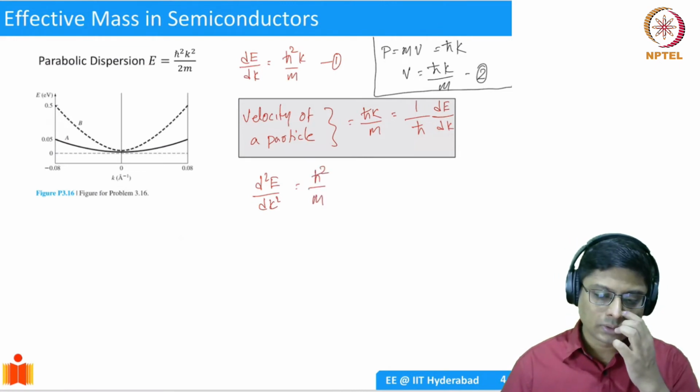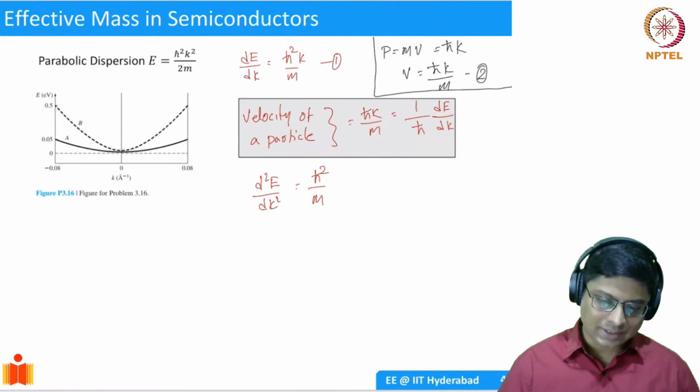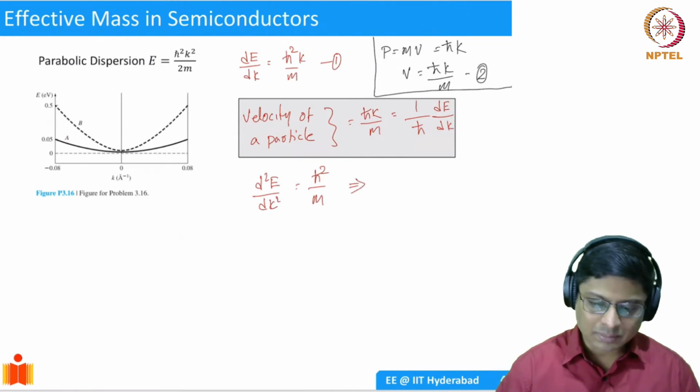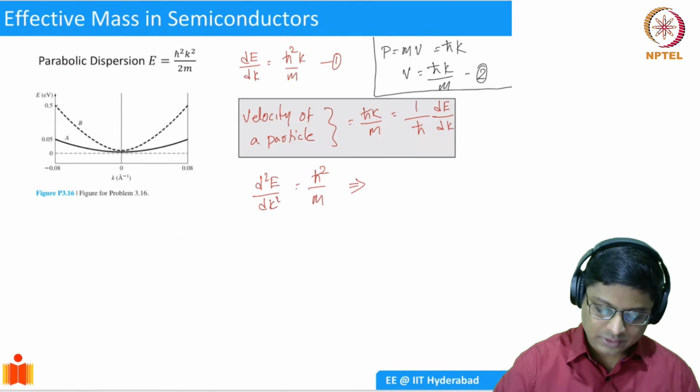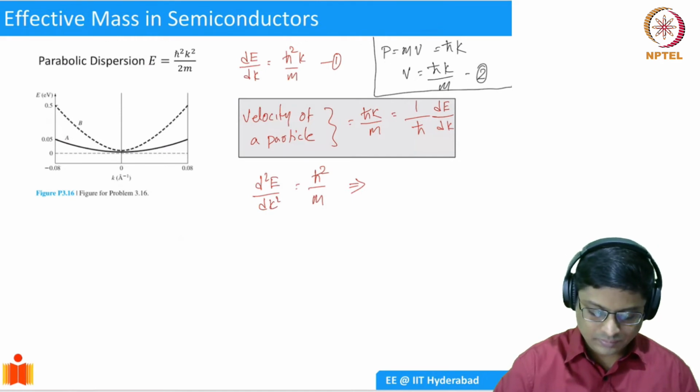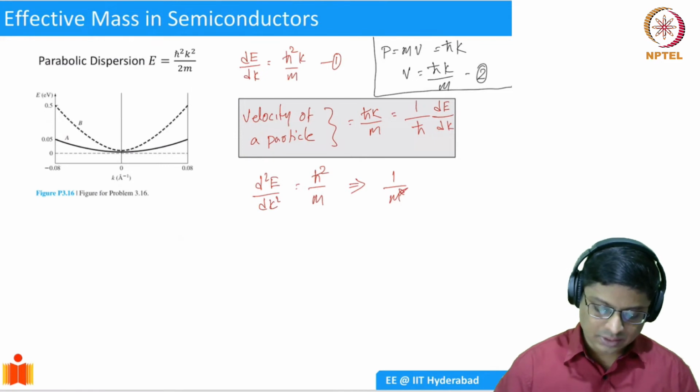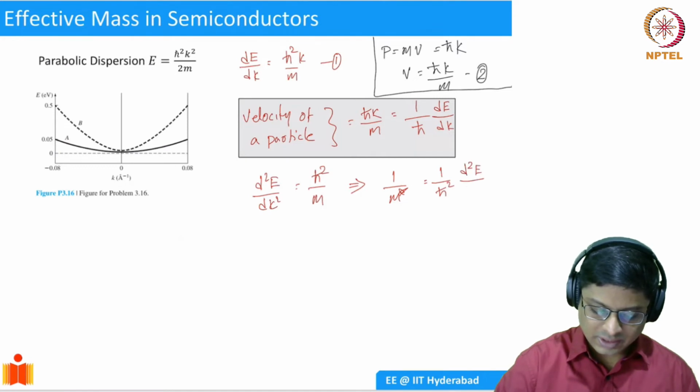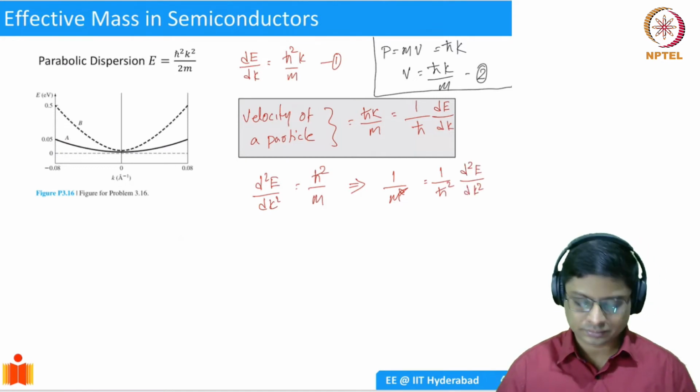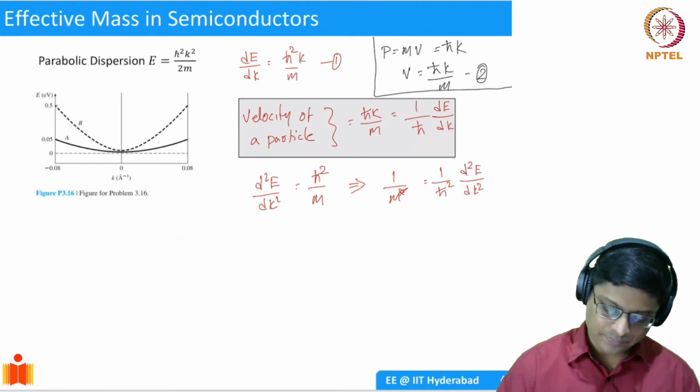Right. So now from here, I'll simply define a quantity which is called 1 over m star. 1 over m star is equal to 1 over h cross square times d square E by dk square. Okay.